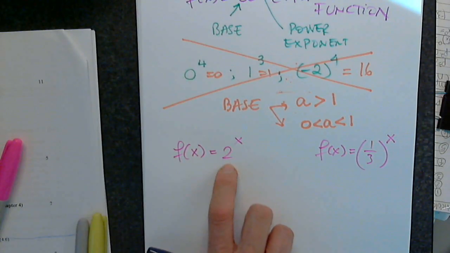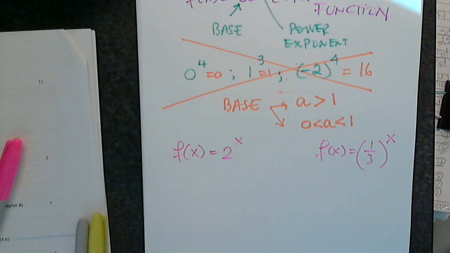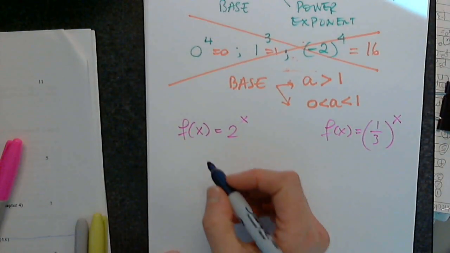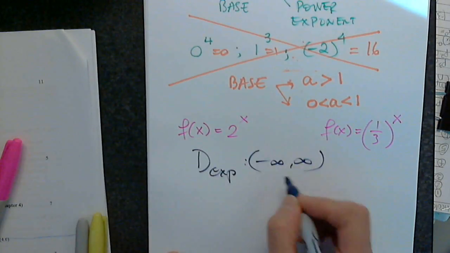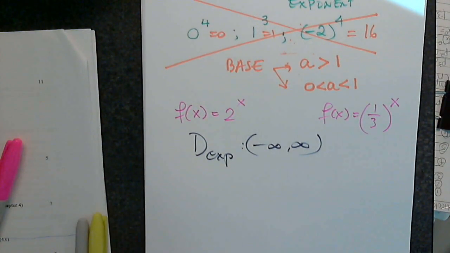Yeah. Can I raise 2 to 15? Yeah. So then, will I consider the exponential function a friendly function or not? Friendly, which means the domain of all exponential functions is like the domain of all polynomial functions. That's it. So the domain of any exponential is all real numbers. Friendly, like polynomial functions. Awesome.